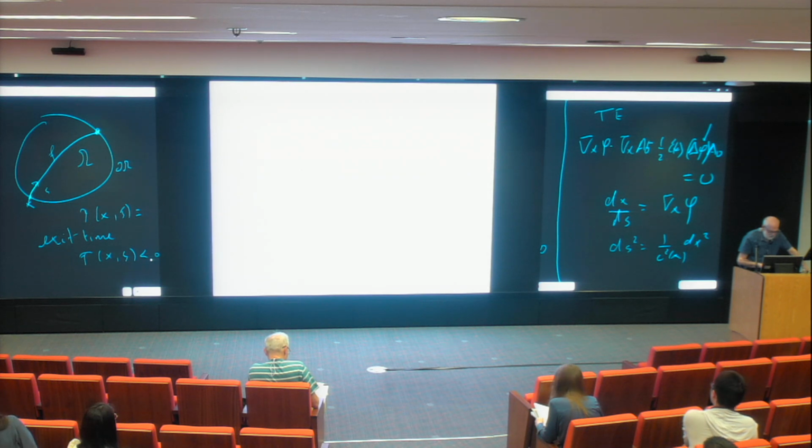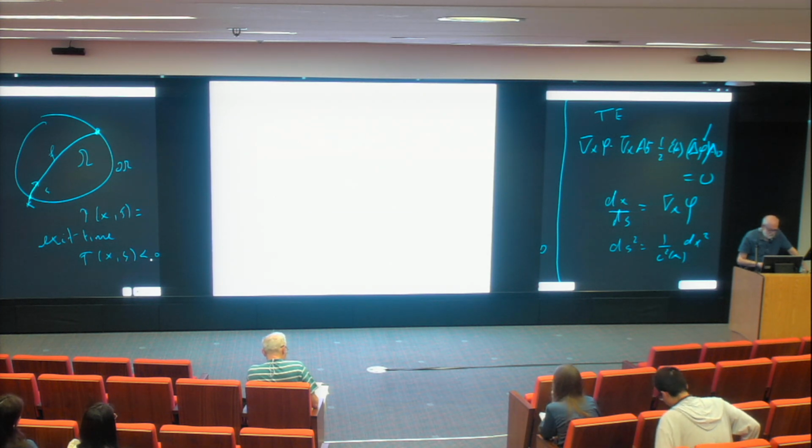This part is nonlinear in c, right? It's 1 over c. And you're trying to recover c from the infimum. You take the infimum of all of this. It's highly nonlinear. So, as usual when you have a nonlinear problem, you can linearize it.